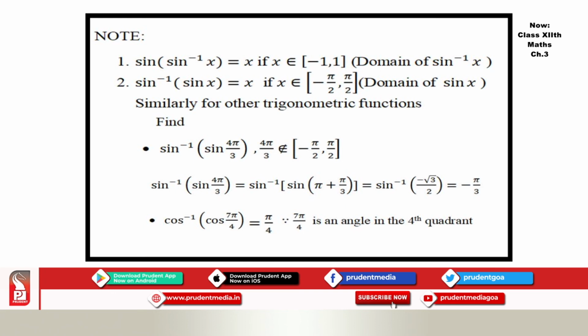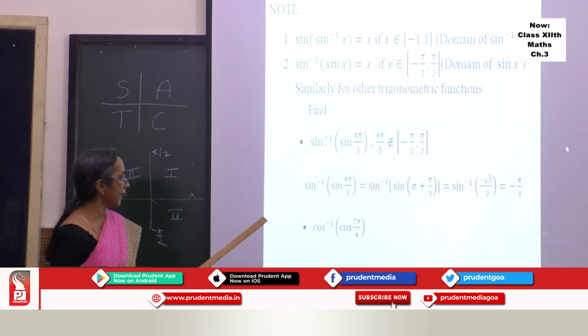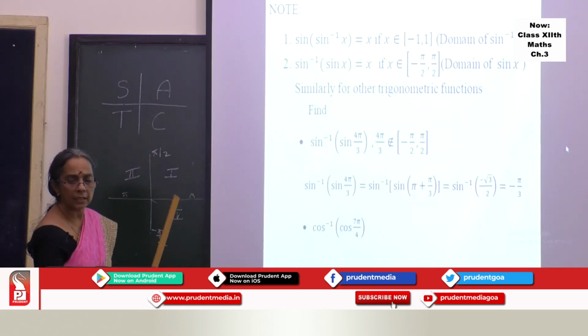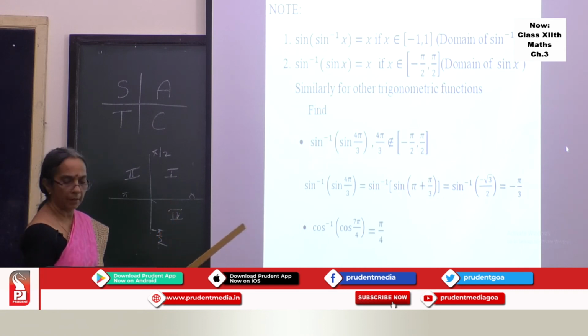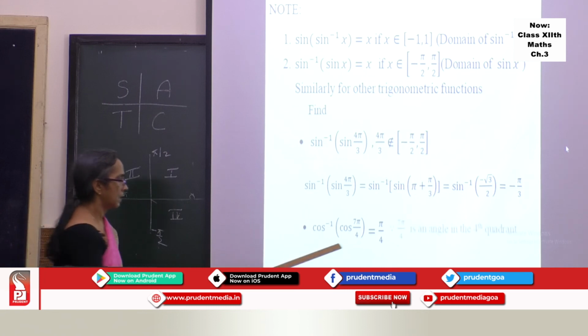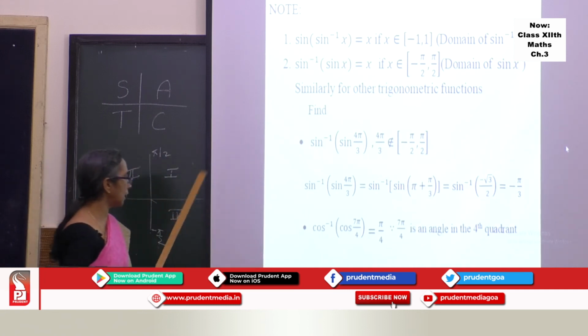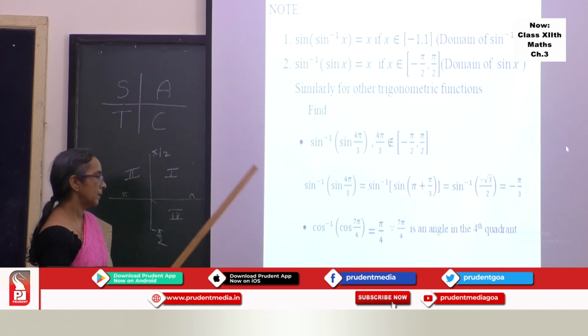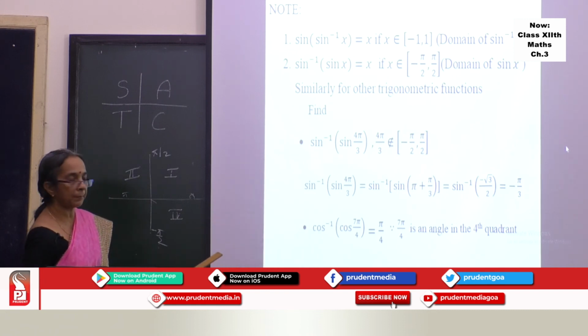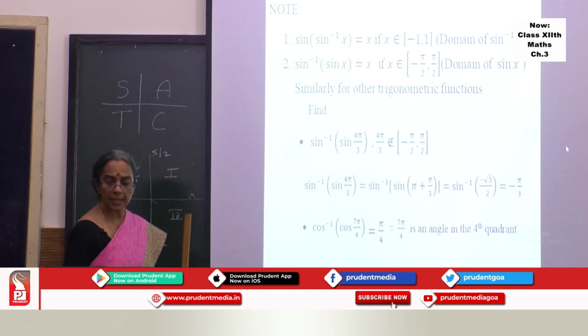Pi by 4 is in the range of the cos inverse function. Therefore, the final answer is pi by 4. Because 7 pi by 4 is an angle in the fourth quadrant, and in the fourth quadrant cos is positive. So it is equivalent to cos of pi by 4. The answer is pi by 4.